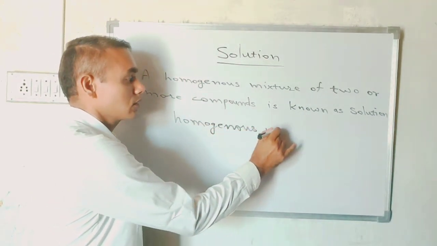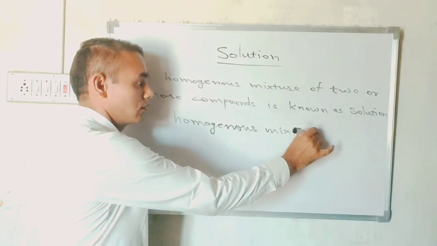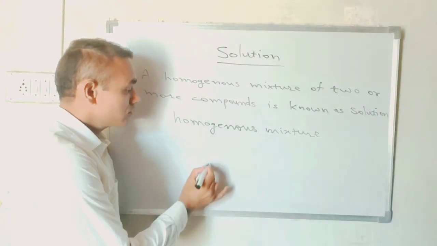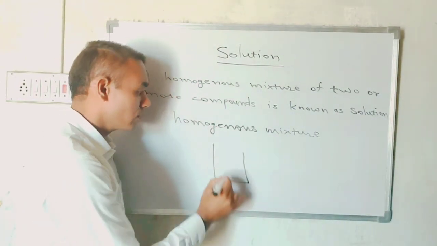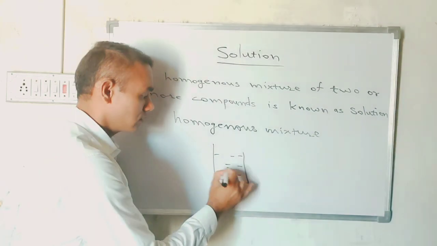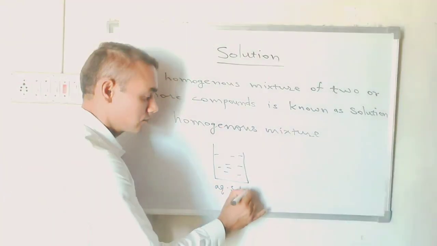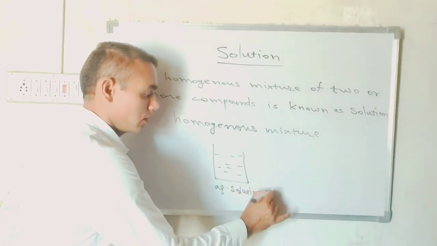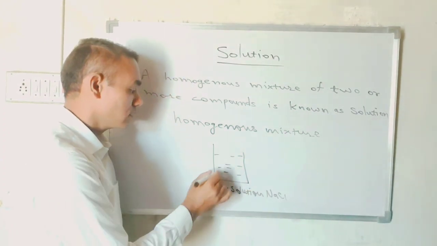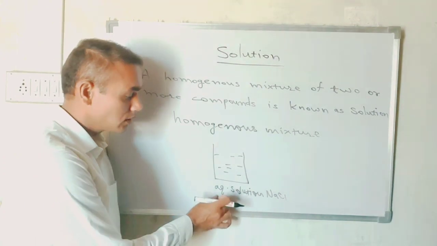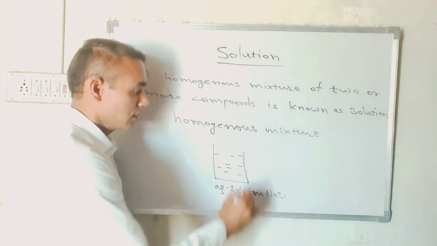Homogeneous mixture. You know, if you are having a mixture of two compounds, like an aqueous solution of NaCl, here we can say there are two components in this mixture. One is water and another is NaCl.